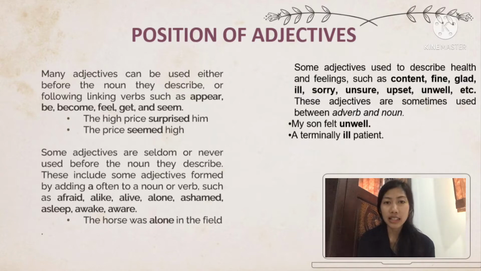While some adjectives are seldom or never used before the noun they describe. These include some adjectives formed by adding a- to a noun or verb, such as afraid, alike, alive, alone, ashamed, asleep, awake, and aware. For example, the horse was alone in the field.